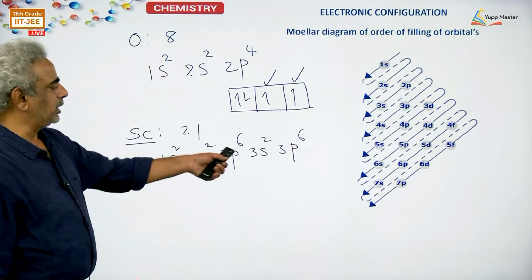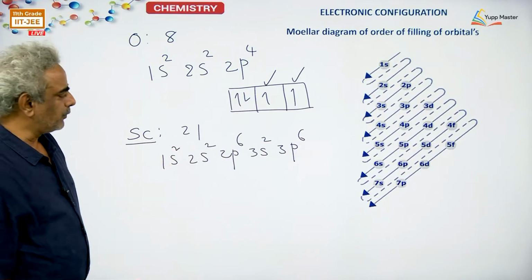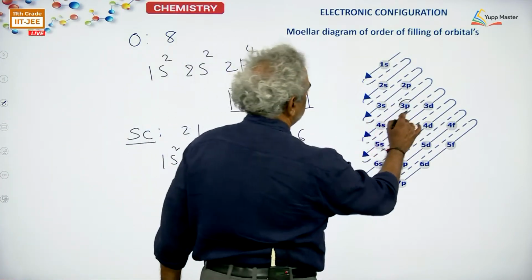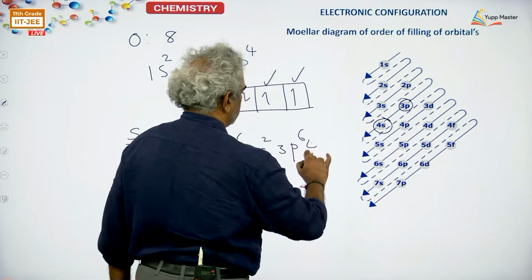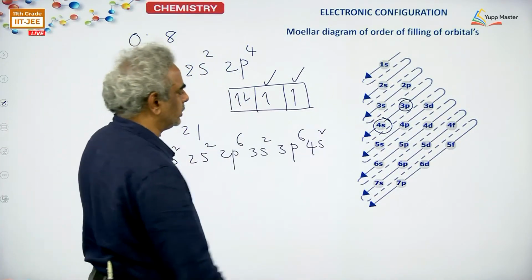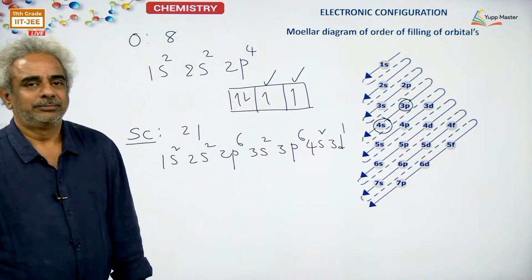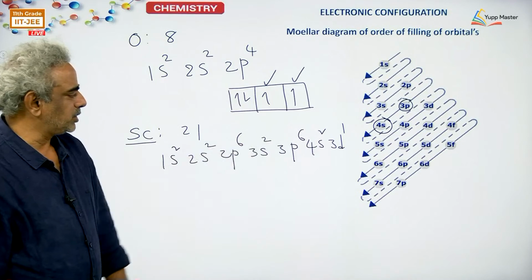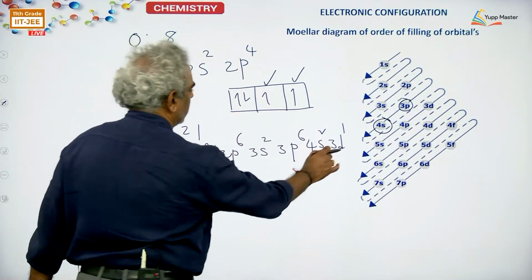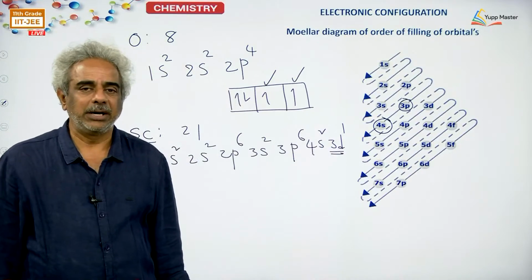So totally how many electrons are over? 18 electrons are over. This is 21. After 3p, electrons enter into 4s, 4s2. Then the electron goes to 3d, 3d1. So what is the configuration? The last configuration is 3d1. The highest energy electron is the 3d1 electron.